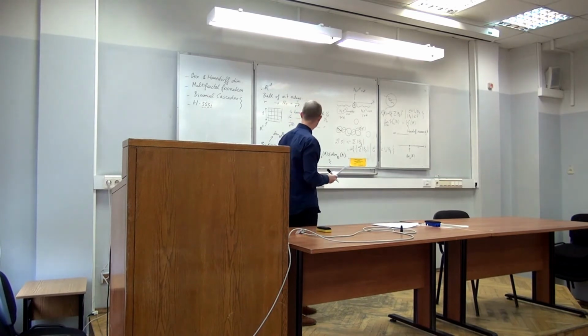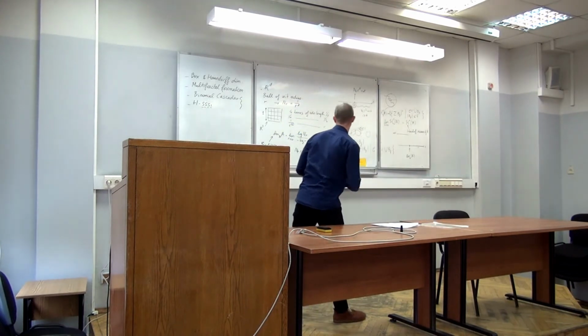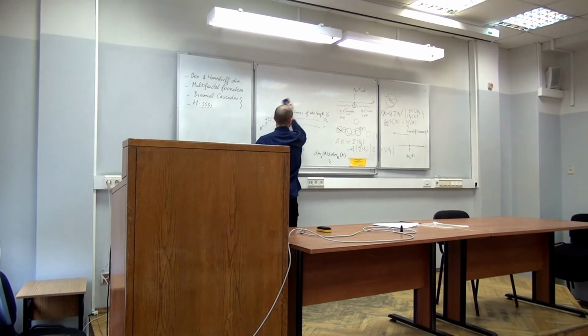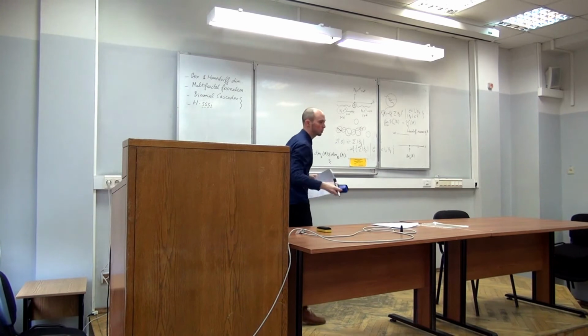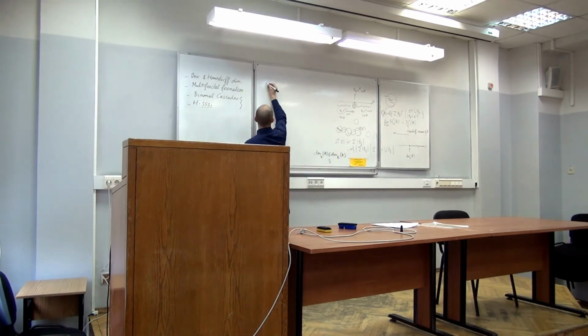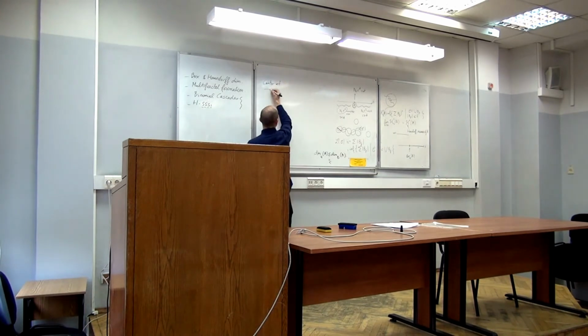So I just want to give you an example where we have equality, because you have most likely seen this object before. That's the Cantor set. We start with the unit interval, 0, 1, and what we do is we remove the middle third.